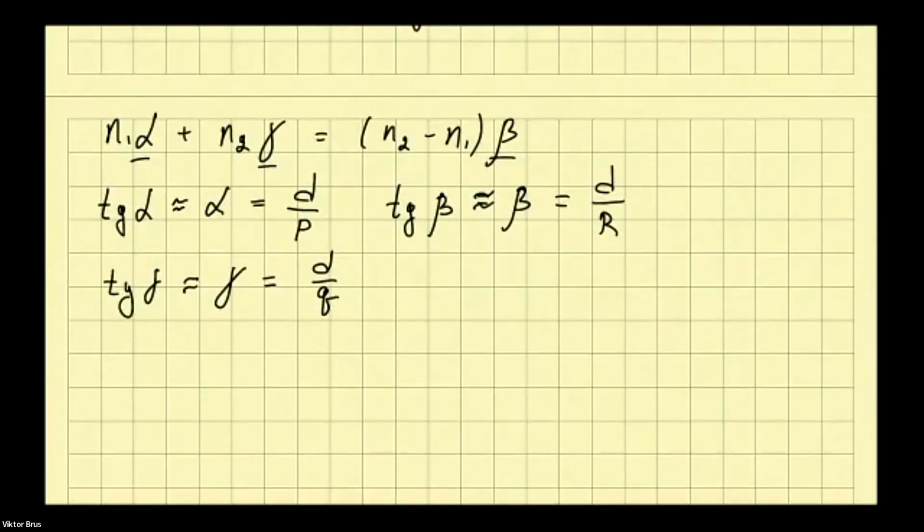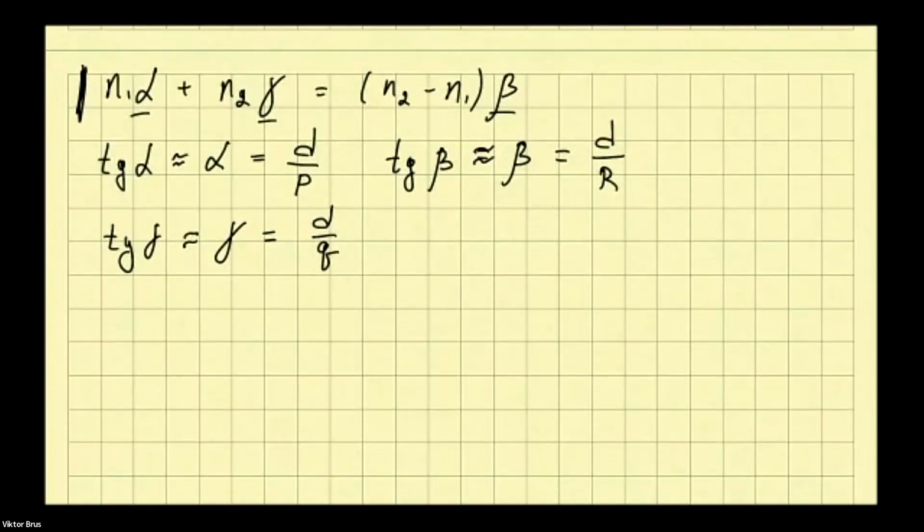So now, taking into account these expressions and our equation for refraction under this specific condition, we can get the following equation, which gives the relationship between refractive indices n1 and n2, distance between object and the interface p, between interface and image q, and radius of this interface between two transparent mediums.